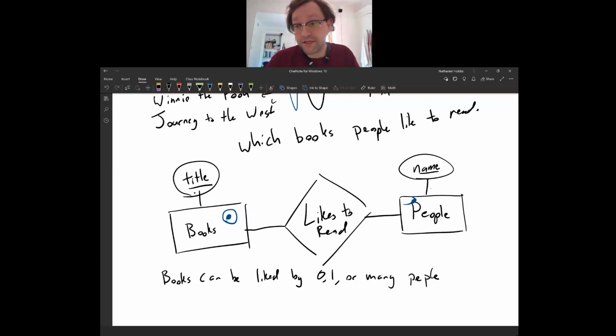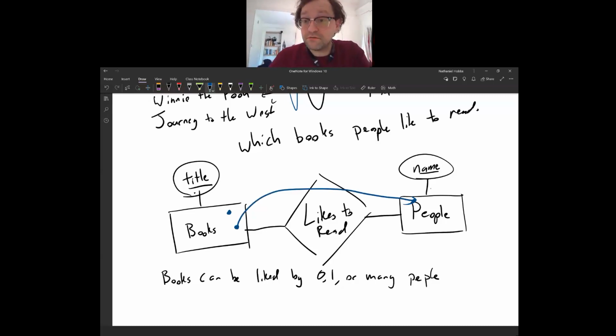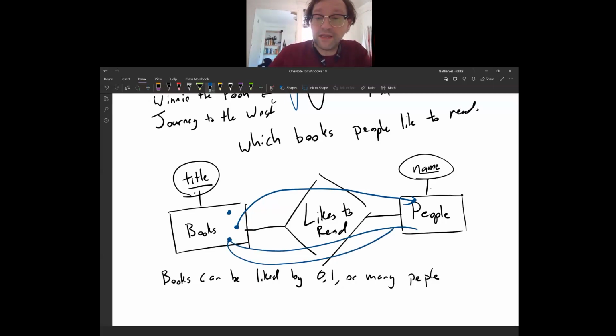If there's no connection anywhere for this point, then it's not participating. Sometimes that can be okay, sometimes not. In this case, when it's unconstrained, that's okay. So there can be books here that aren't liked by any people. We can have some books that are liked by one person. We could have other books that are liked by many people.